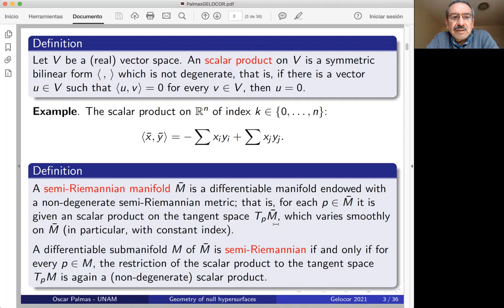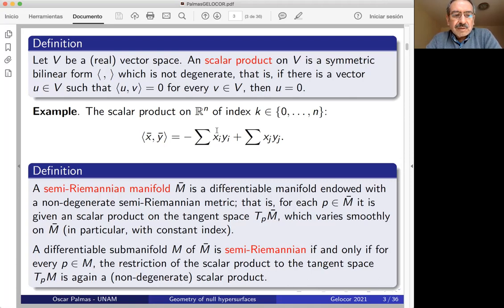This means that if there is some vector U which is orthogonal to every other vector, then U is equal to 0. And the standard example is the scalar product on R^n of index k, which is given in this form with k negative signs and n minus k positive signs.